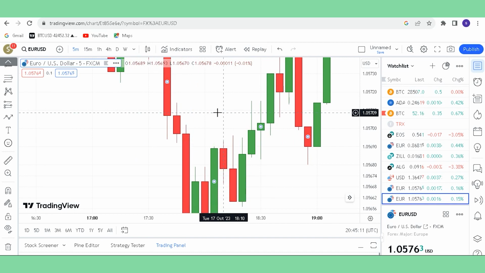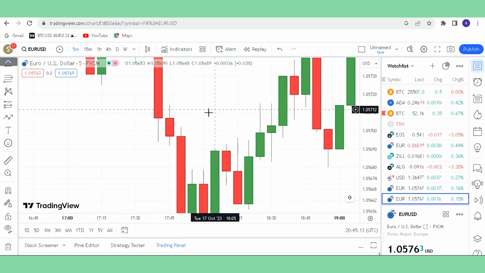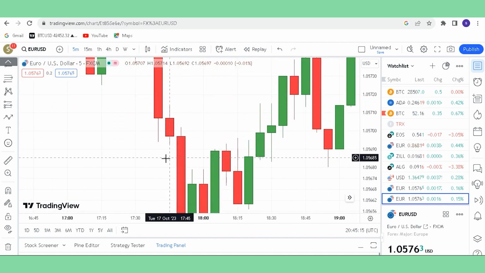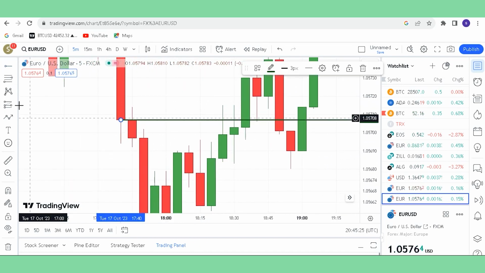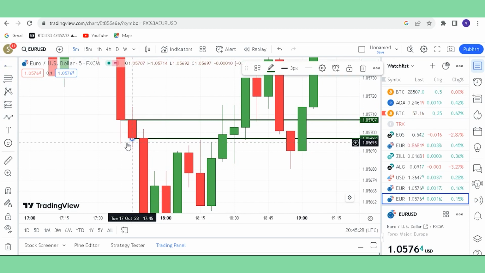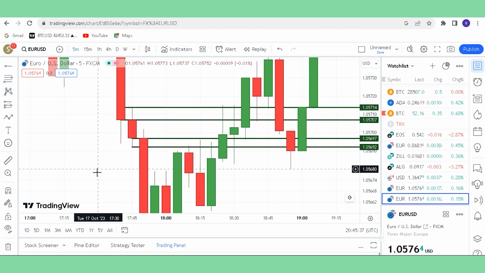Let's see another candle, for example this red candle. It is red, so the price has dropped during this 5 minutes period. So the open price is the higher price and the close price is the lower price. So: open, close, high, low. It means that at the beginning of this 5 minutes period, the price was 1.05707.